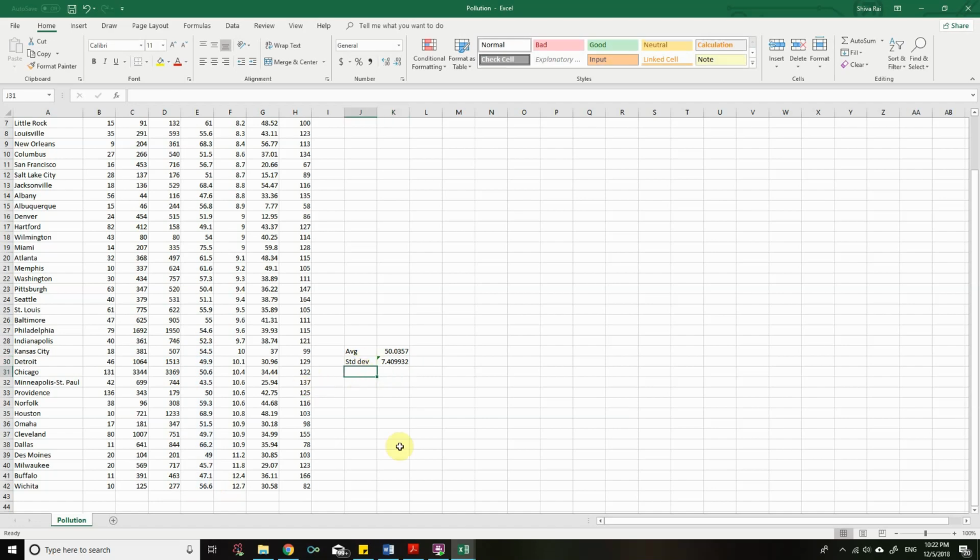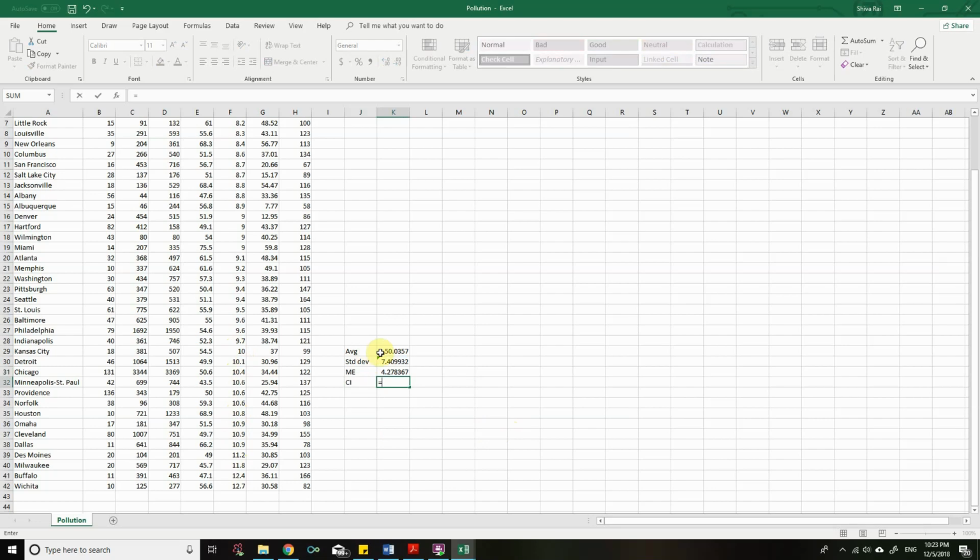And now the margin of error would be equal to CONFIDENCE.T, alpha is 0.05, that's 95% confidence. Standard deviation is 7.40, comma, size is, so total data is 14. Okay, so that's the margin of error.